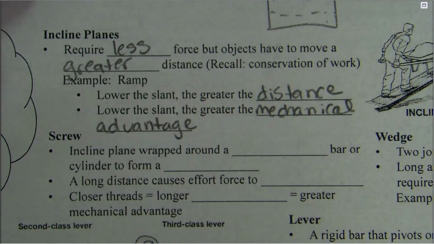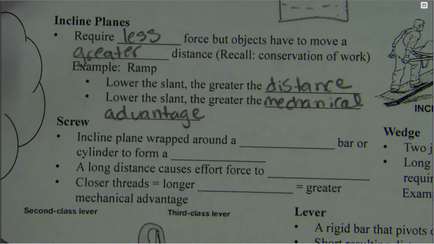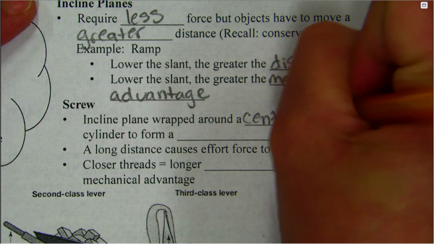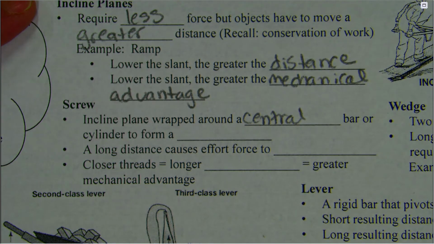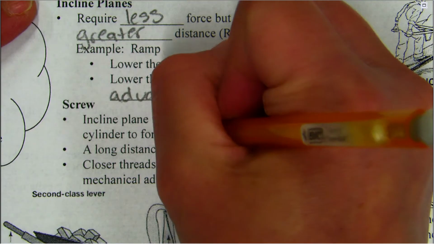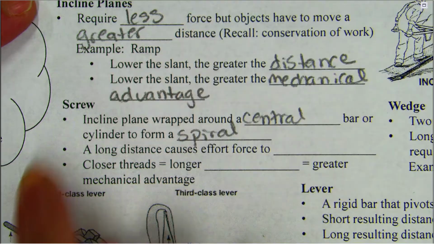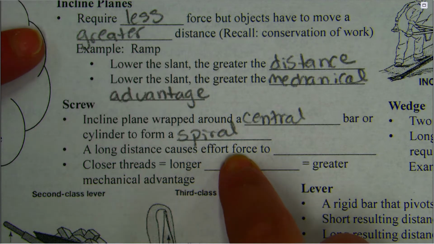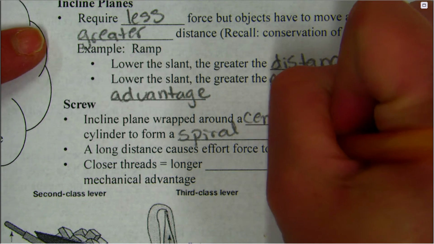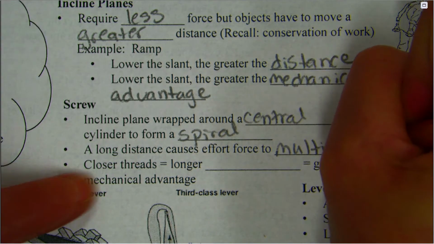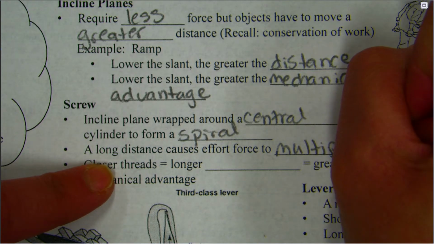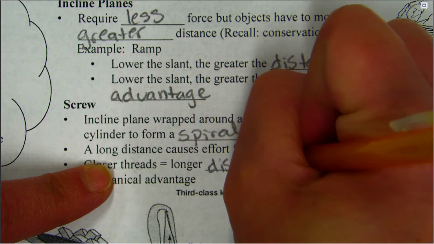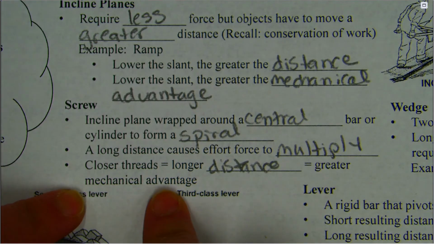All right. A screw is an inclined plane that is wrapped around a central bar or a cylinder, and it forms a spiral. So screws have a long distance, which causes their effort force to multiply. And the closer the threads, the longer the distance, but the greater the mechanical advantage.